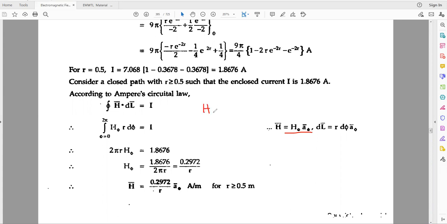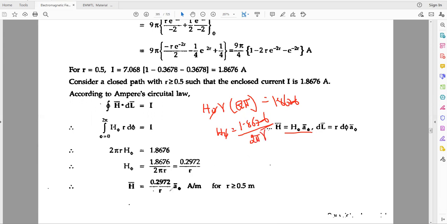Now H phi into r d phi with upper limit 2 pi, we get is equal to 1.8676. So H phi is equal to 1.8676 by 2 pi r.